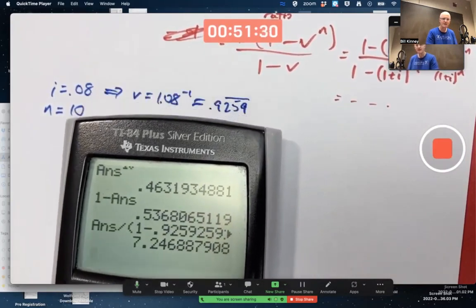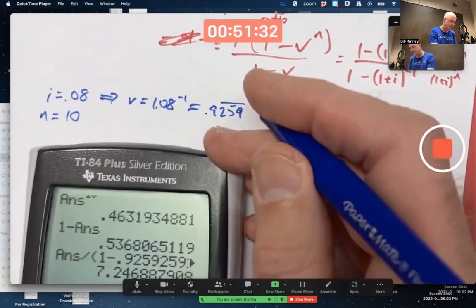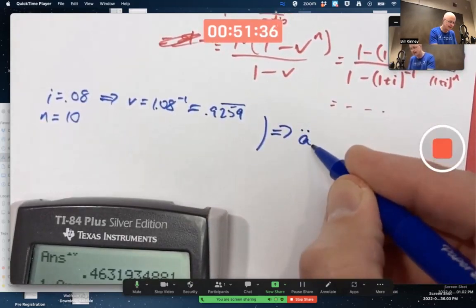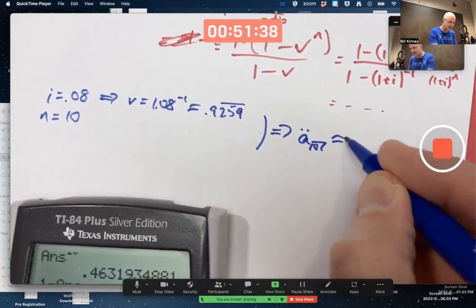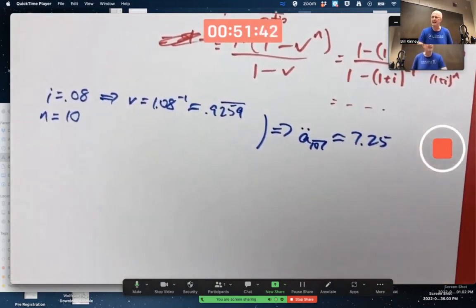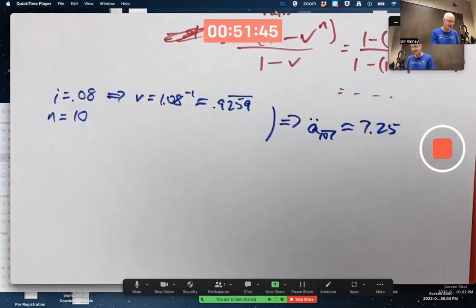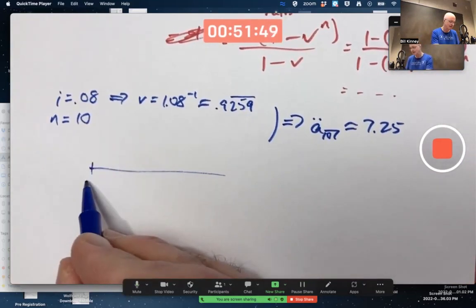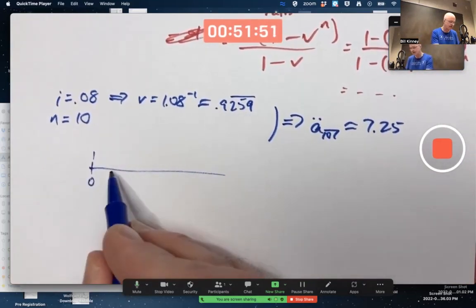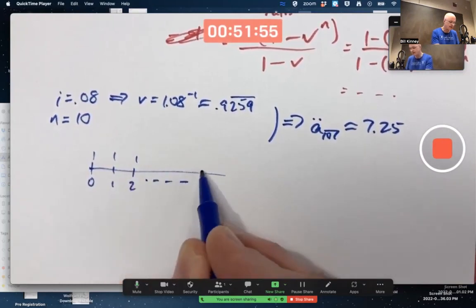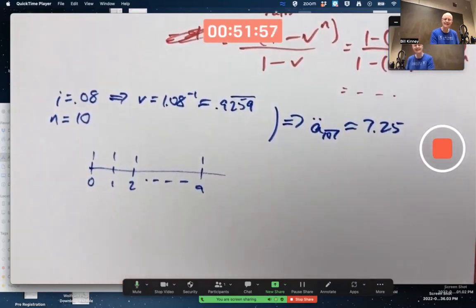Looks like the present value is about 7.25. So A double dot sub 10 in this context is about 7.25. Does this answer make sense? What in the world is this telling us? It's telling us that at an 8% interest rate, the present value of these 10 payments of $1 starting at time 0 and ending at time 9 is less than $10.